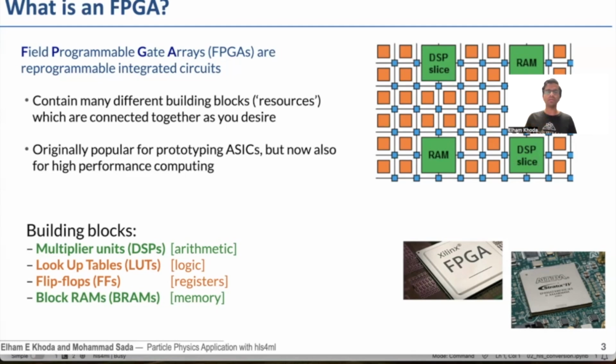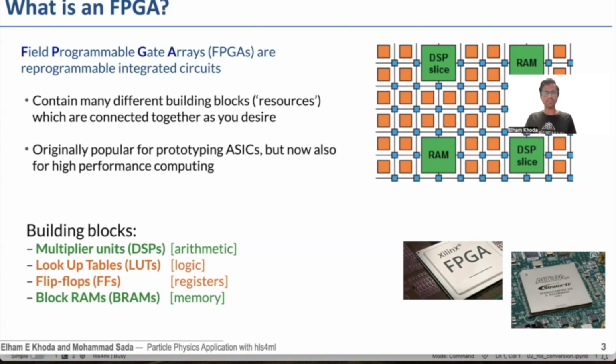Once you make a chip, you can't really change it. It has to be programmed the way it has been designed. So FPGAs are a great tool for doing your studies and optimizing the design. There are four building blocks, four resource units inside the board, that I'm going to highlight here: the multiplier unit, DSPs, lookup tables, or LUTs for short, flip-flops, and block RAMs.